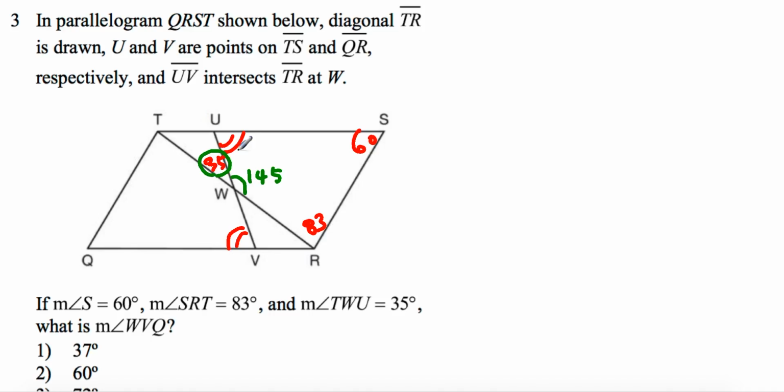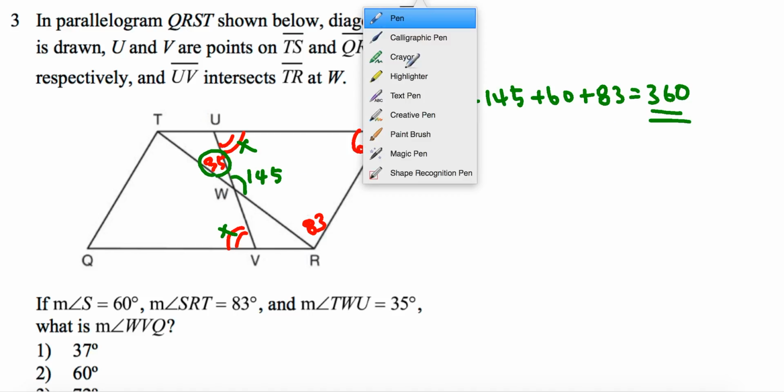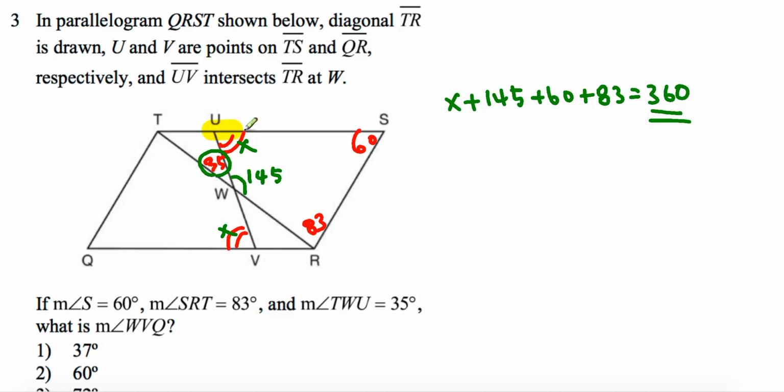So if I call the angle we are looking at x, then x plus 145 plus 60 plus 83 becomes 360. Why is that? Because 360 is the sum of interior angles of a quadrilateral. So you can see the quadrilateral in this manner, the yellow one.